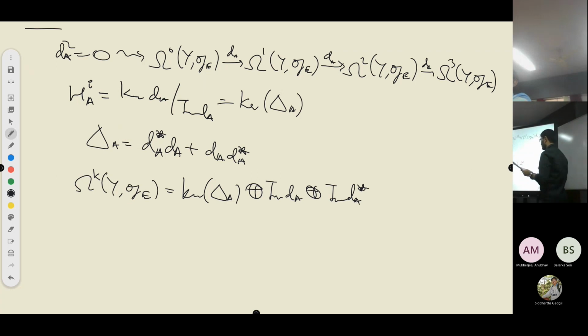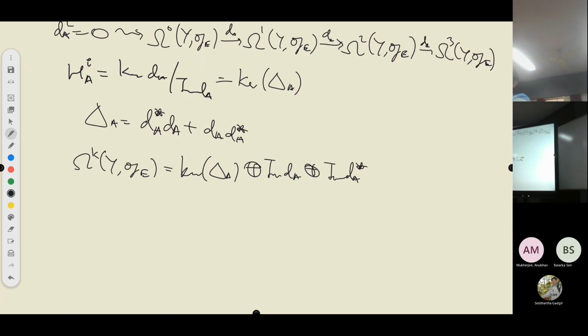And this is an L2 orthogonal decomposition. And so with this, in this framework, we can already say two things. The hypothesis being satisfied is equivalent to asking this cohomology group H1_A to be equal to 0.